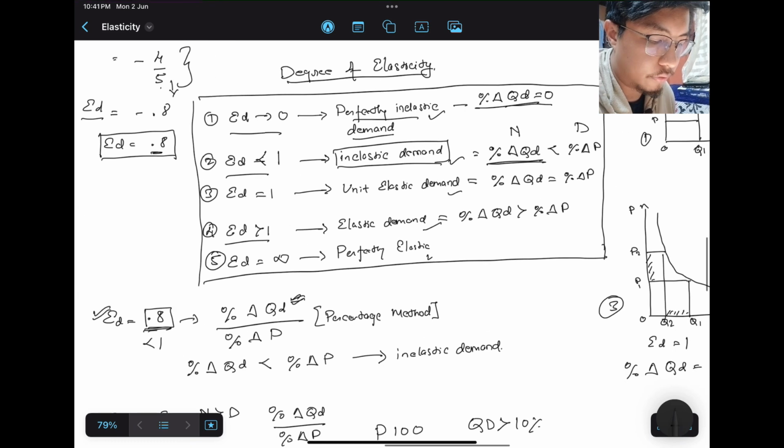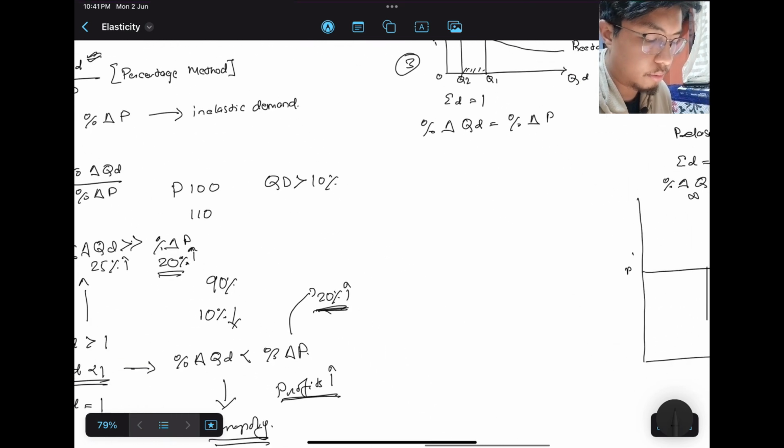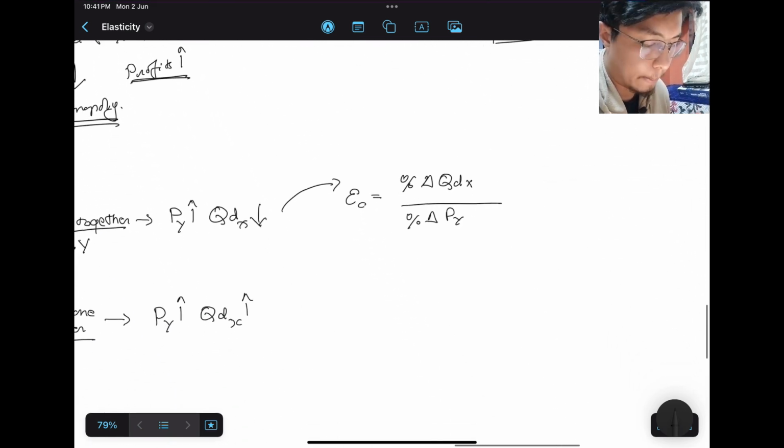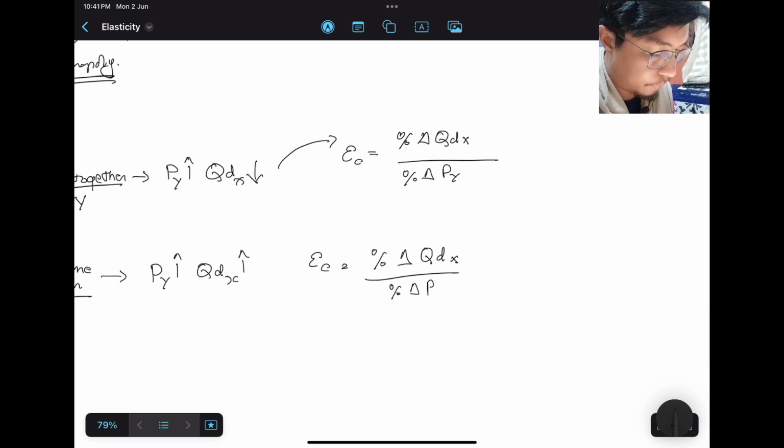Okay, you'll have to see whether it's perfectly inelastic, whether the value is going towards 0, or is it less than 1, is it equal to 1, more than 1. Even there you see, it equals percentage change in quantity demanded of X upon percentage change in P of Y.